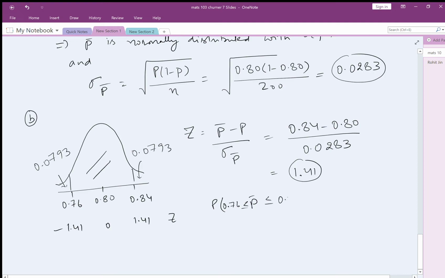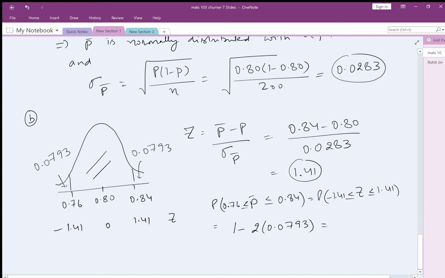So the probability that p bar is between 0.76 and 0.84 is the same as the probability that the z-score is between negative 1.41 and positive 1.41, and this is equal to 1 minus twice 0.0793.